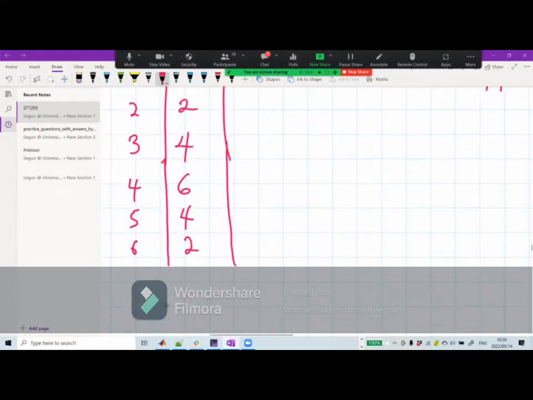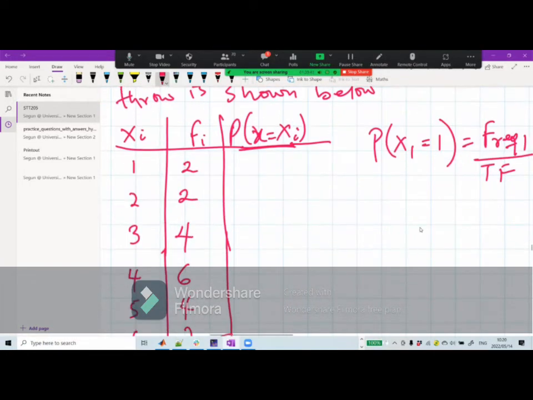What is the total frequency, please? 20. Thank you. So what is the first frequency? The frequency of x1 in this case is 2. 2 divided by 20 is what? 0.1.